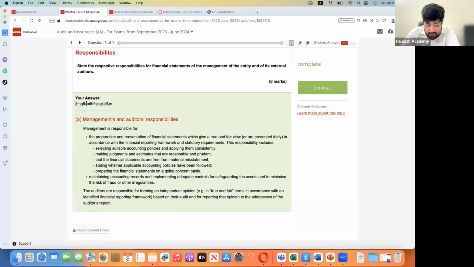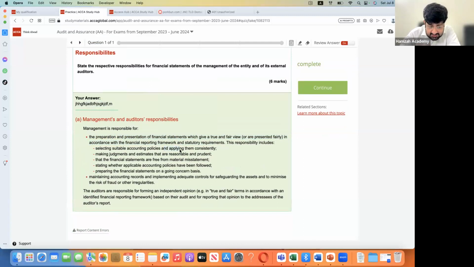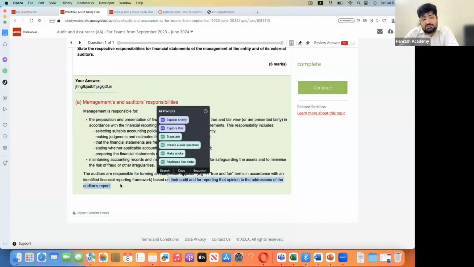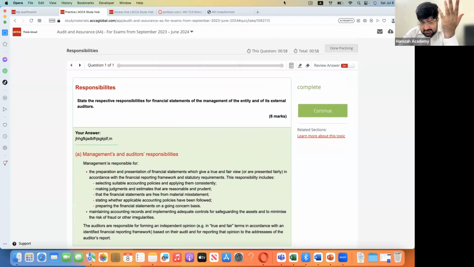Management is responsible for preparation of financial statements as per the financial reporting framework and laws. Accounting policies are consistent. Estimates are properly recorded. They need to maintain accounting records. Auditors have to form an opinion and give an audit report. Simple as that. It was a very easy question, that's why I didn't solve it.